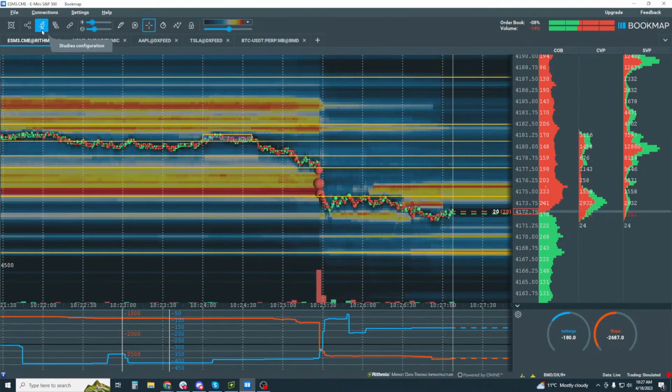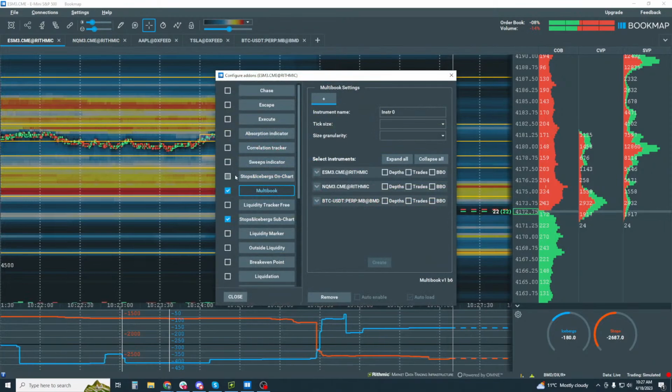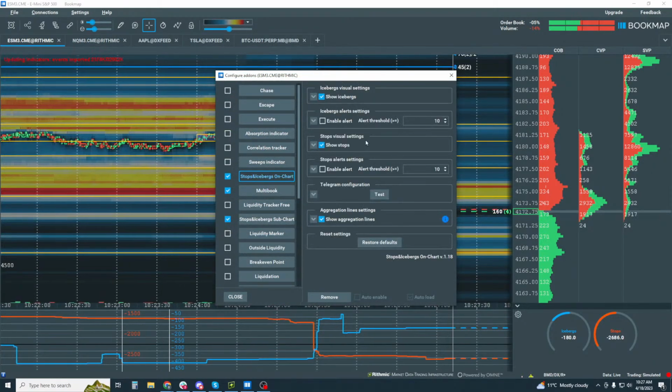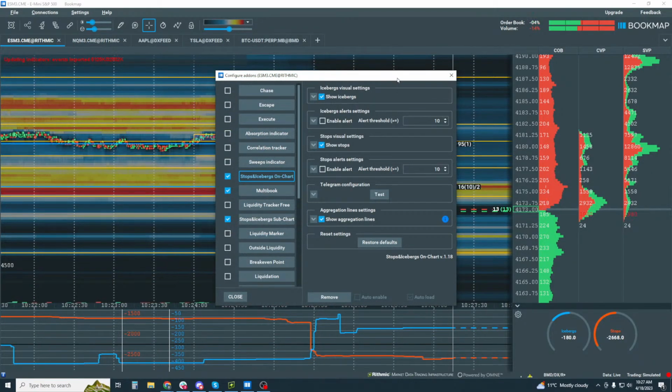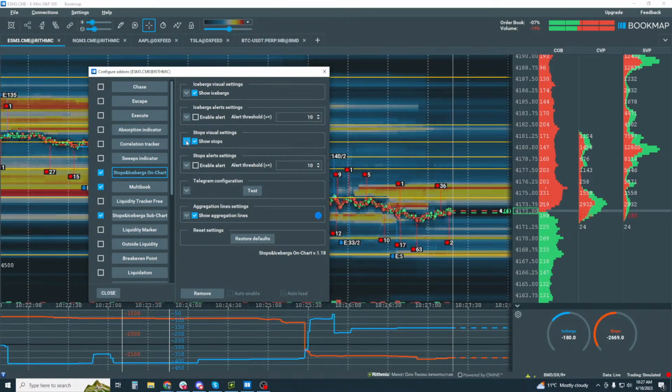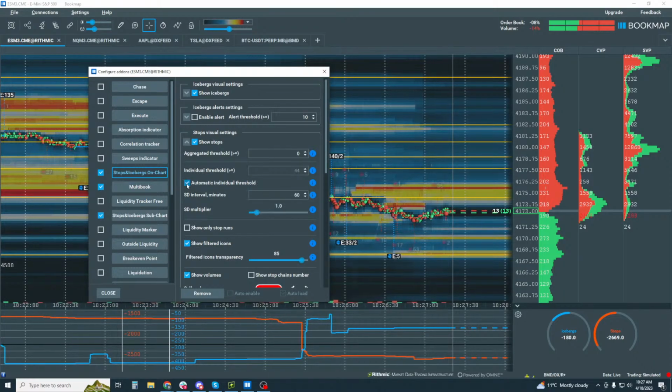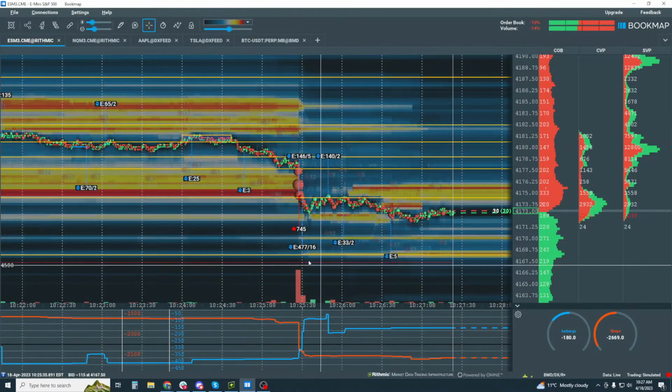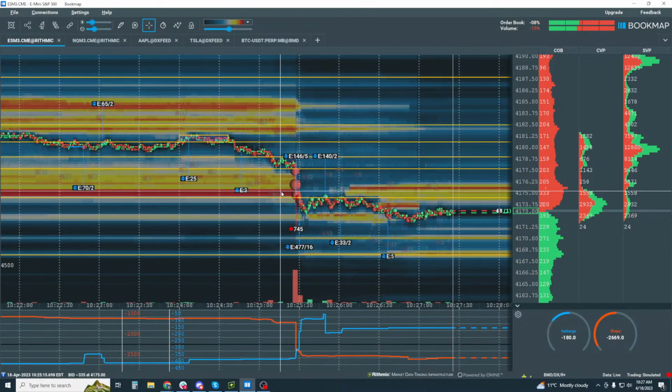Let's put the stops and icebergs on the chart. That'll help give a little bit of clarity here, because this is certainly a big one. Yeah, 745.